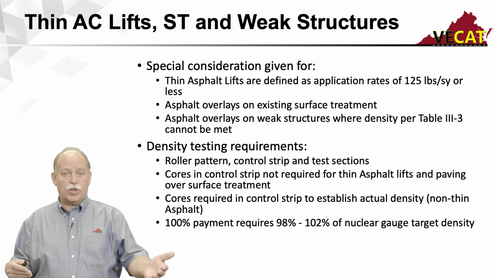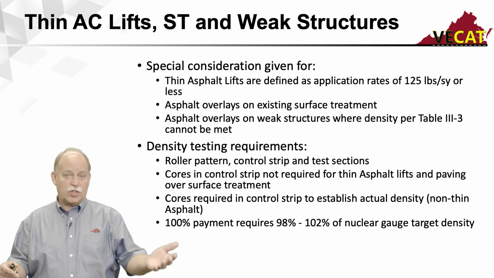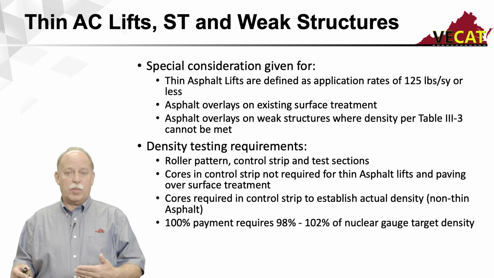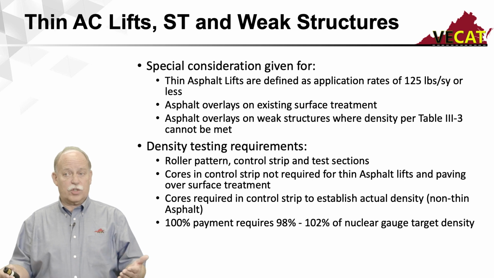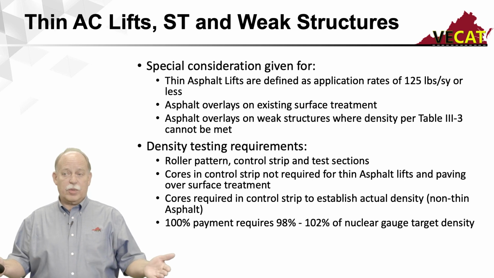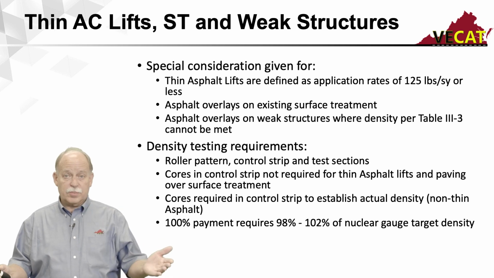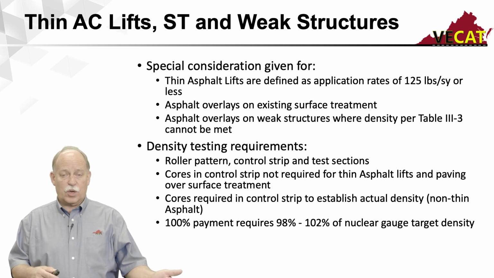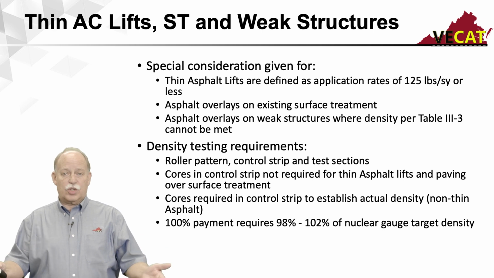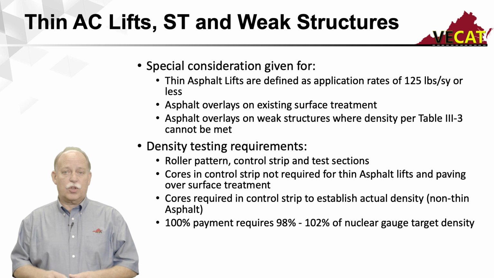You'll continue to run nuclear density testing, and you'll run each test section nuclear density testing based off your targets, but you don't have to meet that minimum requirement if it's a weak structure. Final payment, it requires 98 to 102% of nuclear gauge testing. So once you actually go passing down the roadway, to get 100% pay, you need to be 98 to 102% using the nuclear density gauge.